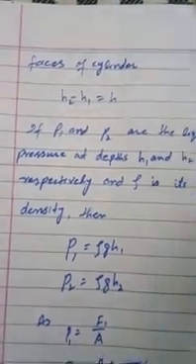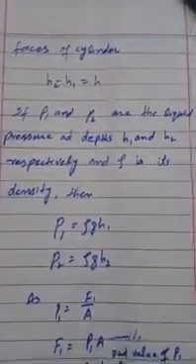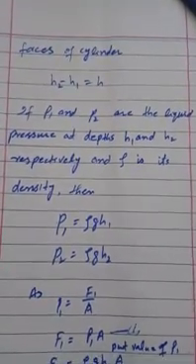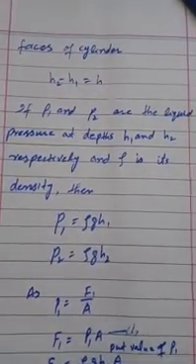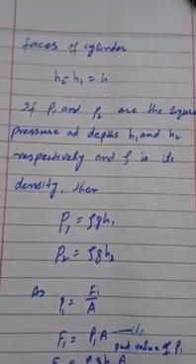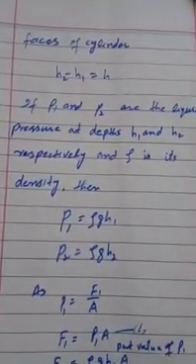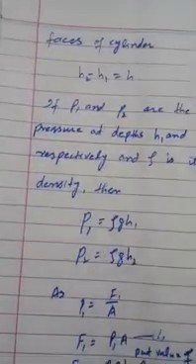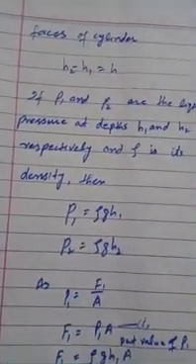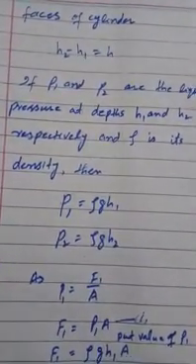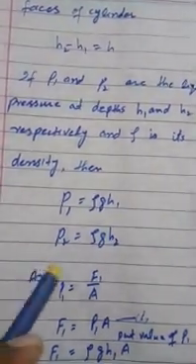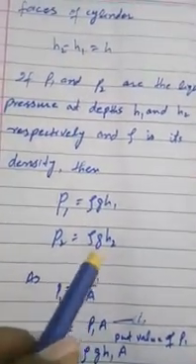If P1 and P2 are the liquid pressures at depths h1 and h2 respectively, and rho is the density of the liquid in which the object is immersed, then pressure P1 is equal to rho g h1 and pressure P2 is equal to rho g h2.